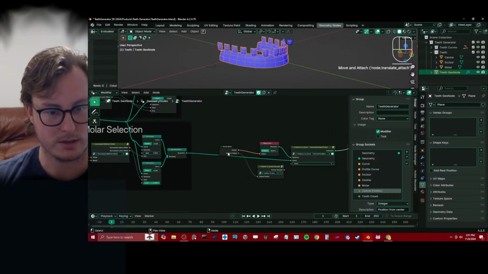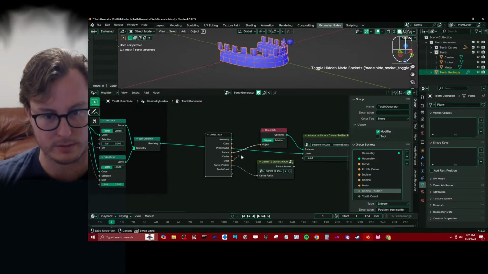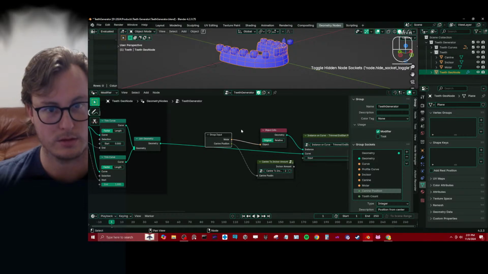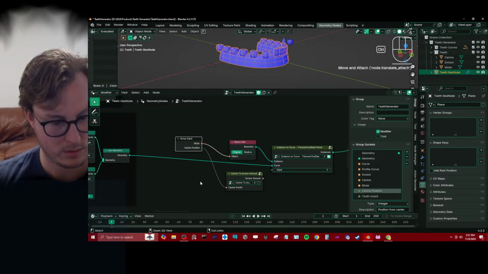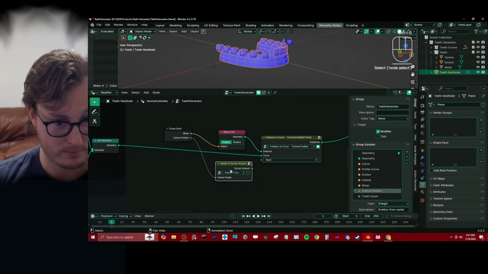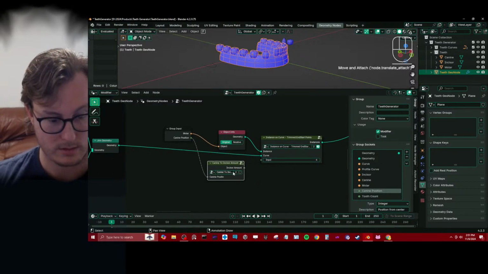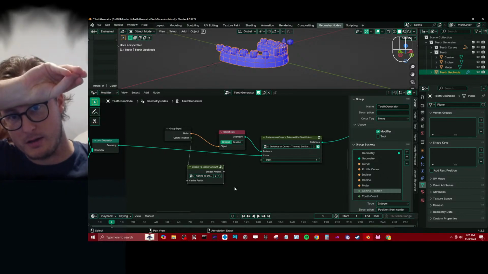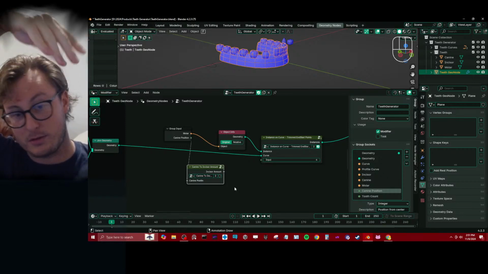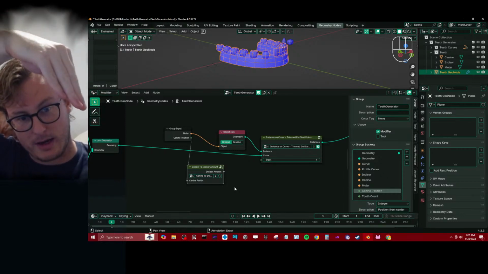We can see a bunch of instances. I would like to swap this for the molar, please. And then in here, we can actually tweak this more because we know how many we have. 4 incisors plus 1 canine.